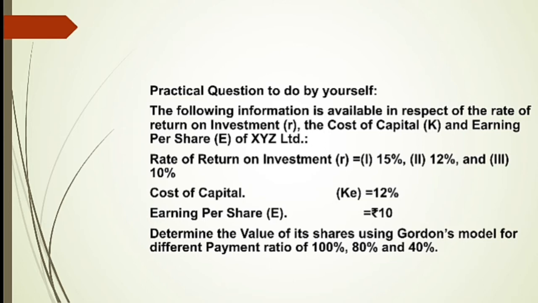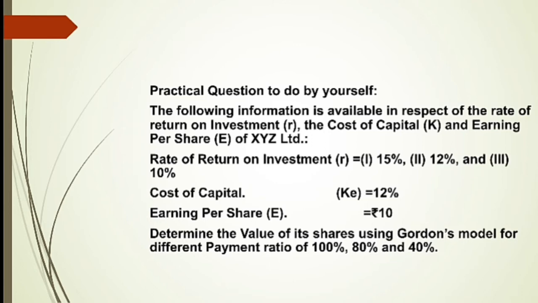As we already discussed in our theory video, there are three types of conditions for a firm: growth firm, normal firm, and declining firm. A growth firm is when R is greater than K, that is, R is greater than the cost of capital.